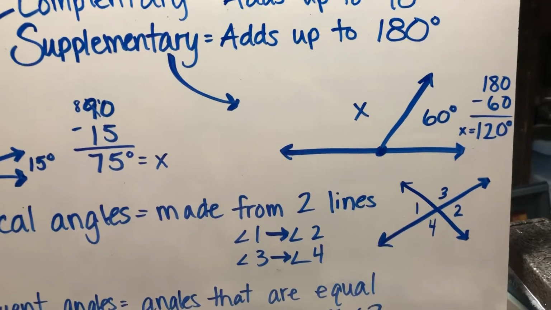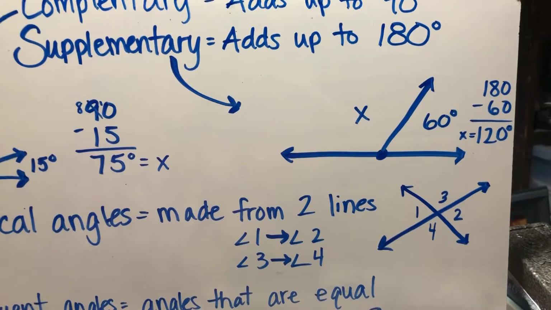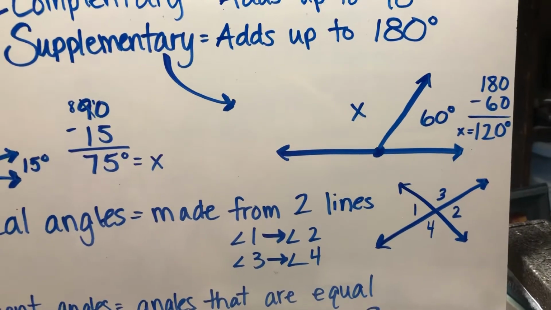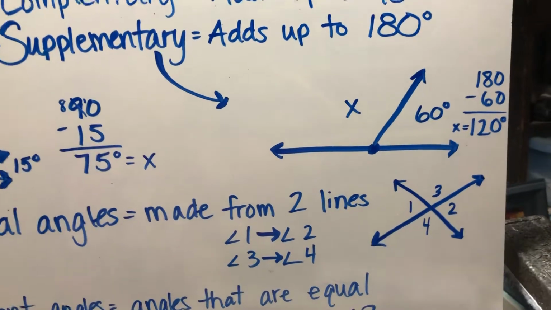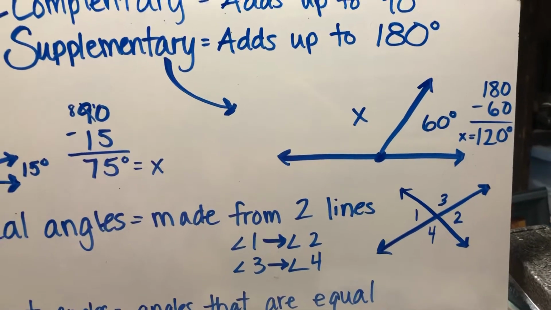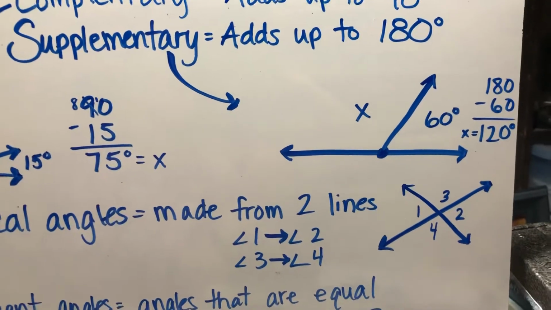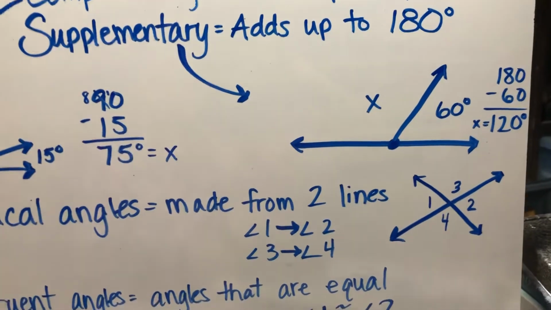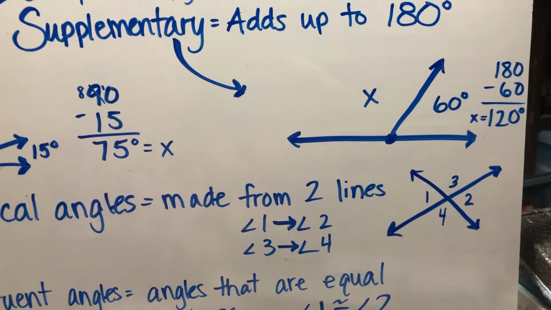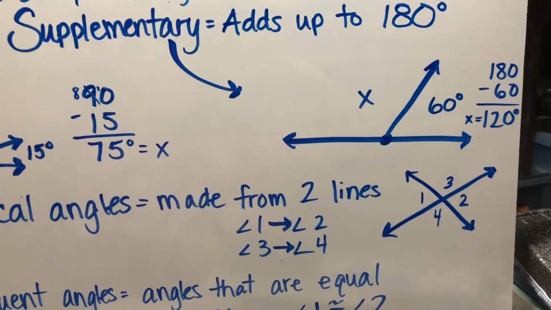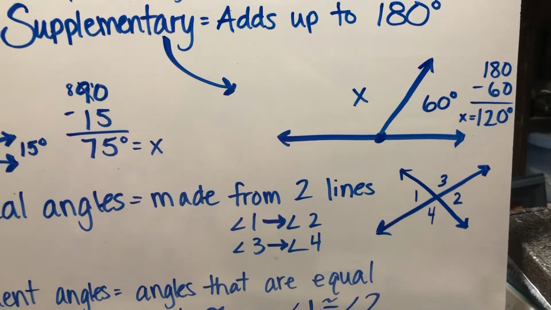I show you that one is equaling 60 degrees. And so you have to find out the value of x. And so as you see, the definition is that it adds up to 180 degrees. So 180 minus 60 is 120. And again, I put the degree sign there. I kind of squished it in, and that's what x equals.